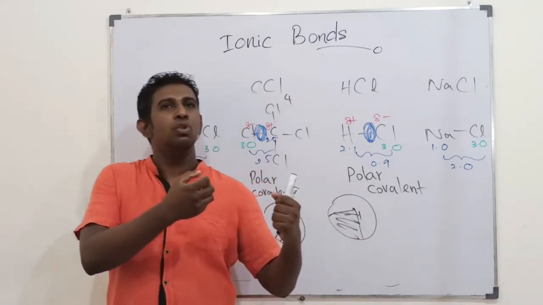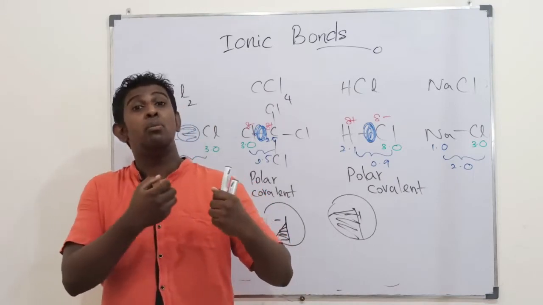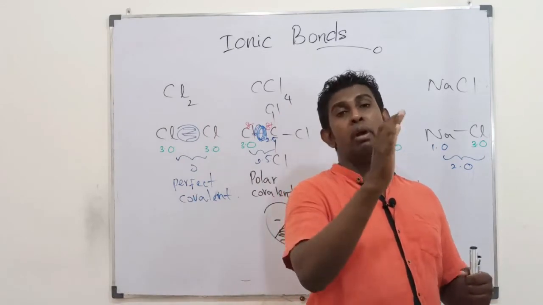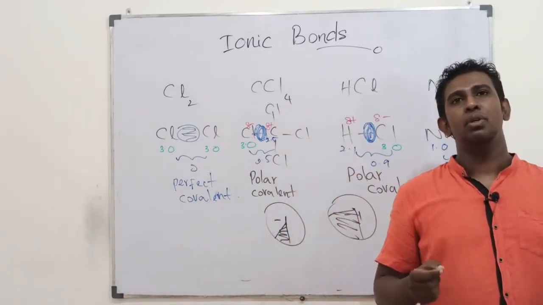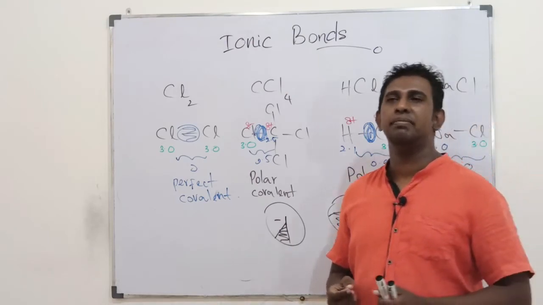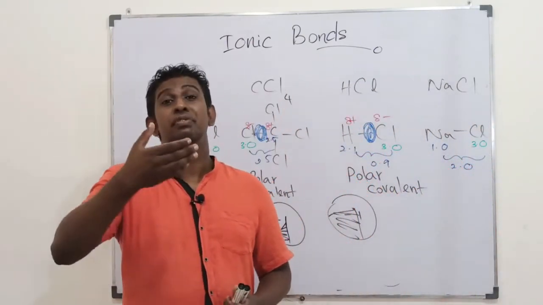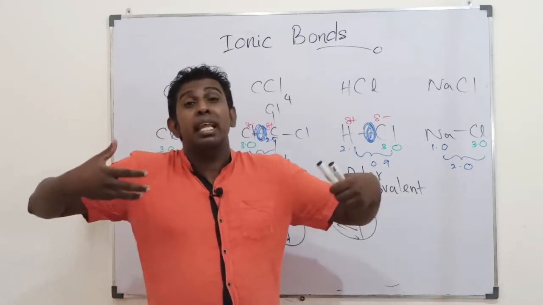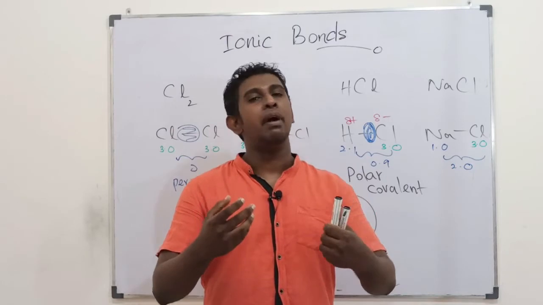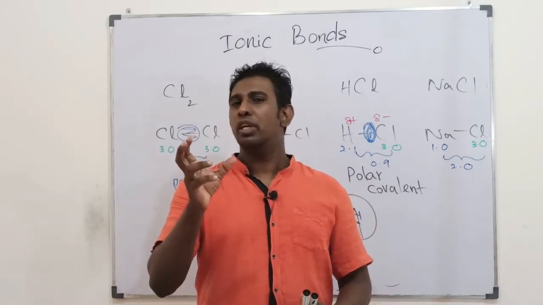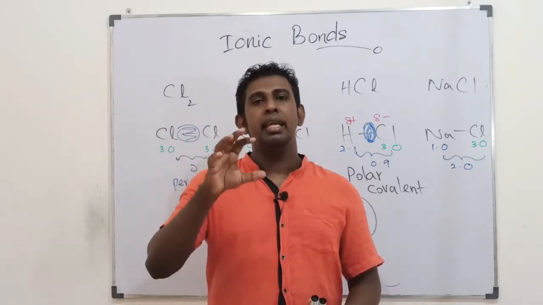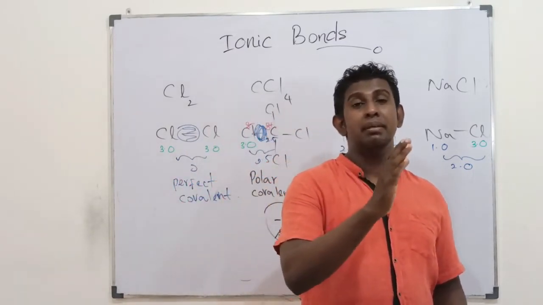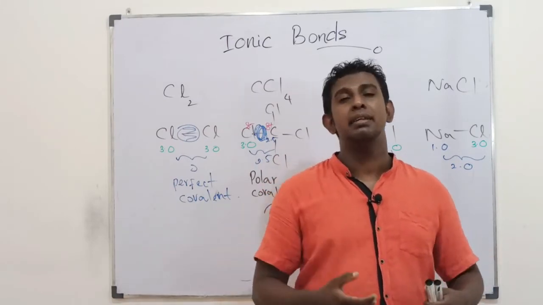One atom's nucleus draws the electrons more and more, so the bond electron cloud shifts more and more towards the atom with greater electronegativity. Eventually there will be a moment when the whole electron cloud is removed by one atom. When the electronegativity difference is very high, the electron cloud is completely removed by one atom and the other atom takes it completely.